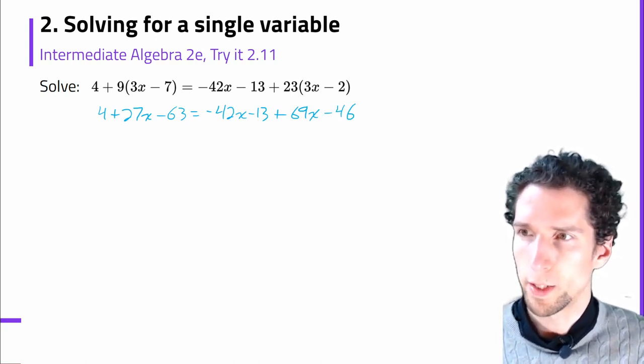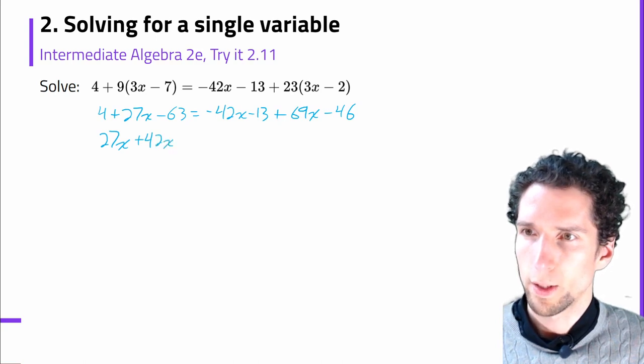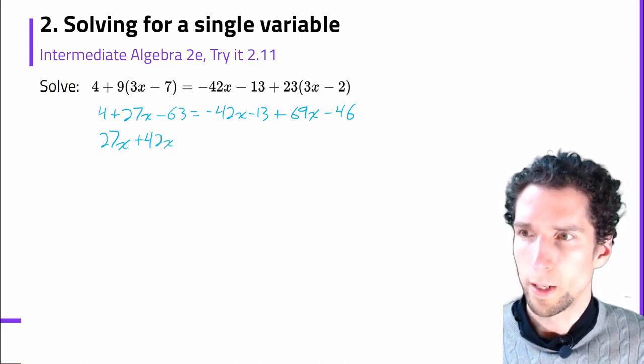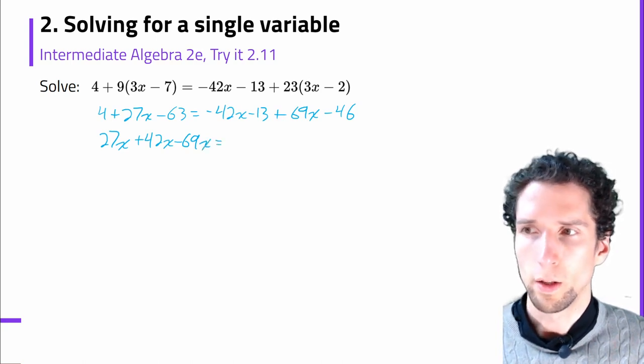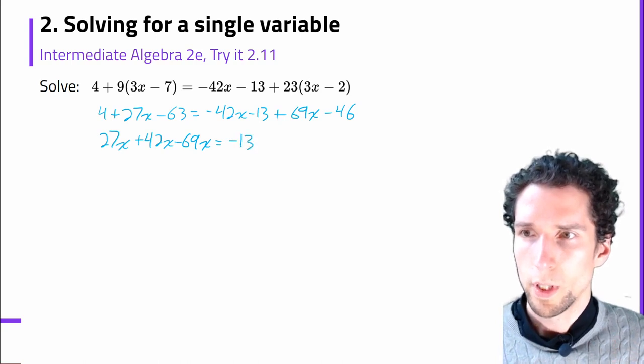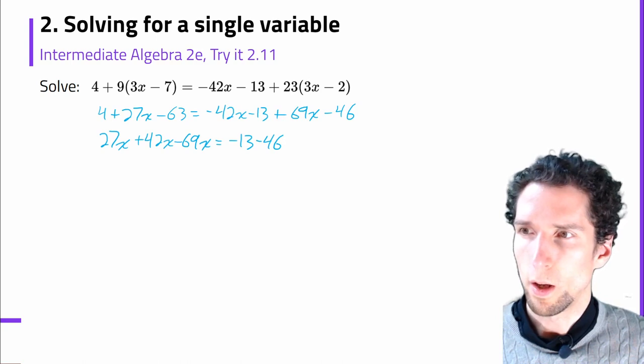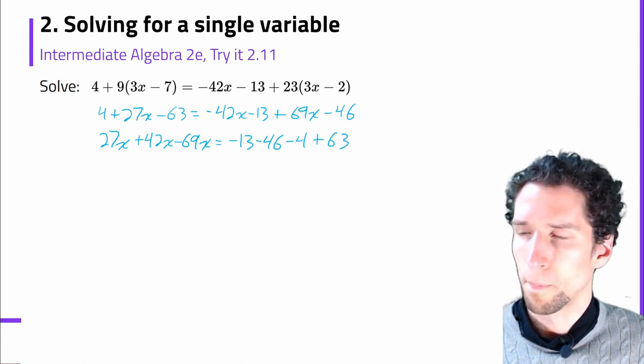Okay, so let's gather our x's. We have 27x plus 42x and then minus 69x. And on the right side, we will have negative 13 minus 46 and minus 4 and plus 63.